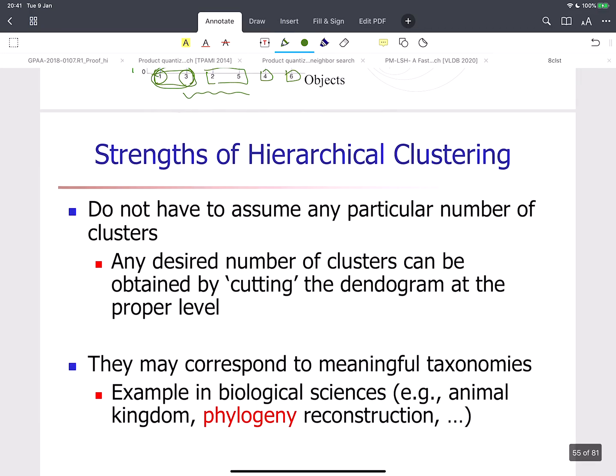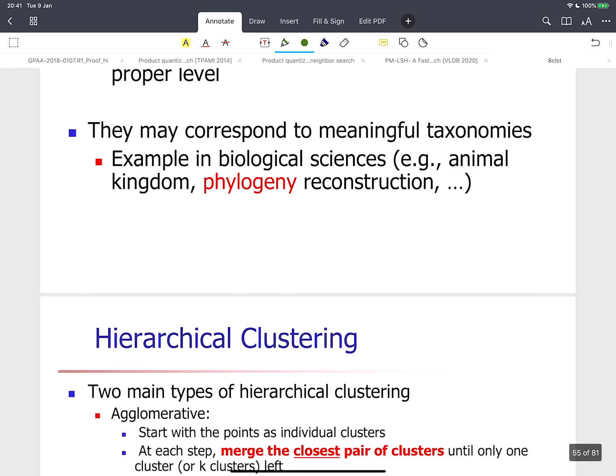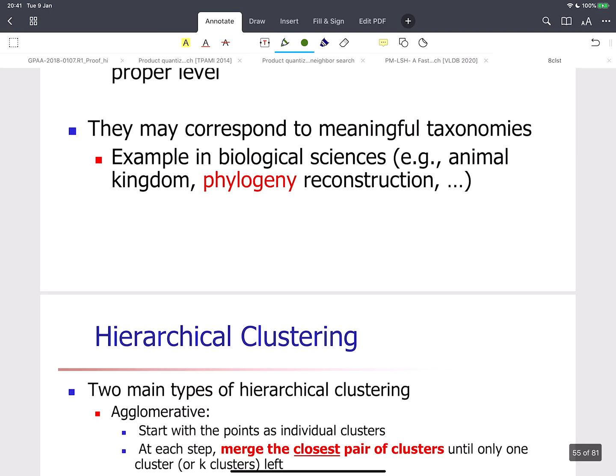So here are some of the advantages of hierarchical clustering. The good thing is that you don't need to assume any particular number of clusters, and they naturally form a dendrogram, which is very useful because that's a natural way to organize knowledge, which we sometimes call a taxonomy, or sometimes an ontology. This is especially useful for biological sequences. In fact, for the COVID virus, they do this kind of hierarchical clustering.